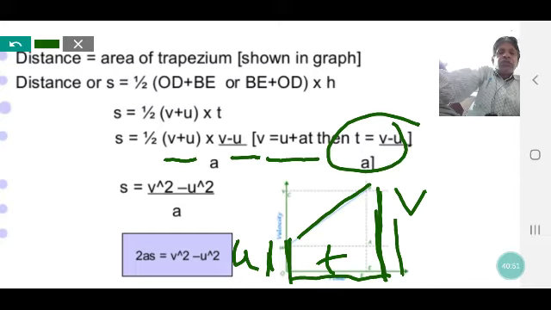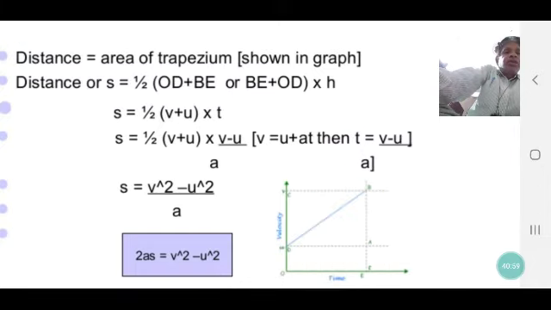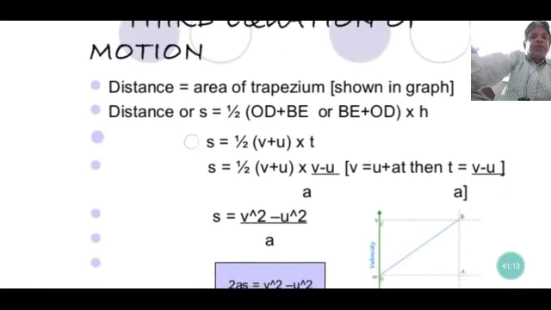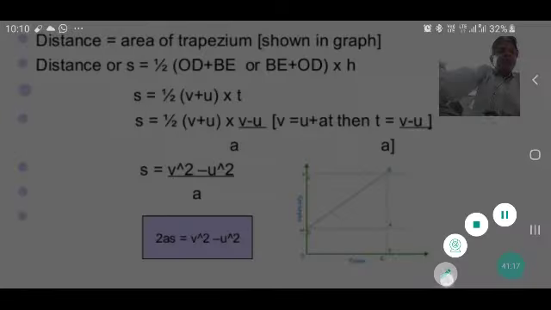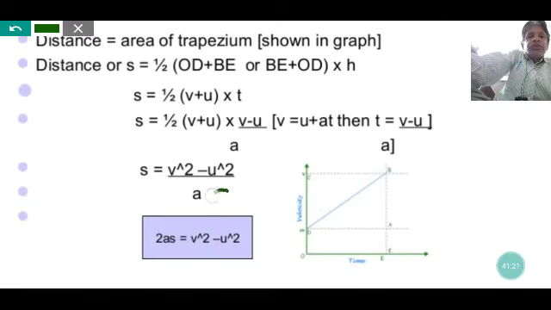Here we get 2 and a in the denominator, so this 2 and a multiply to twice a.